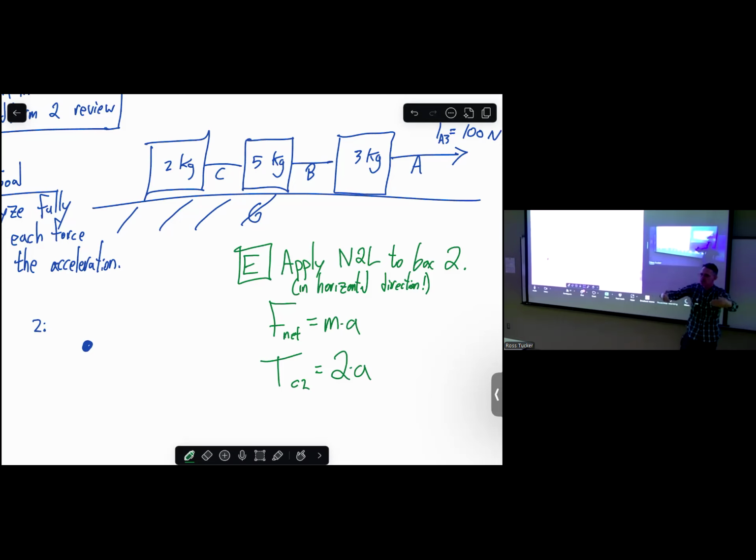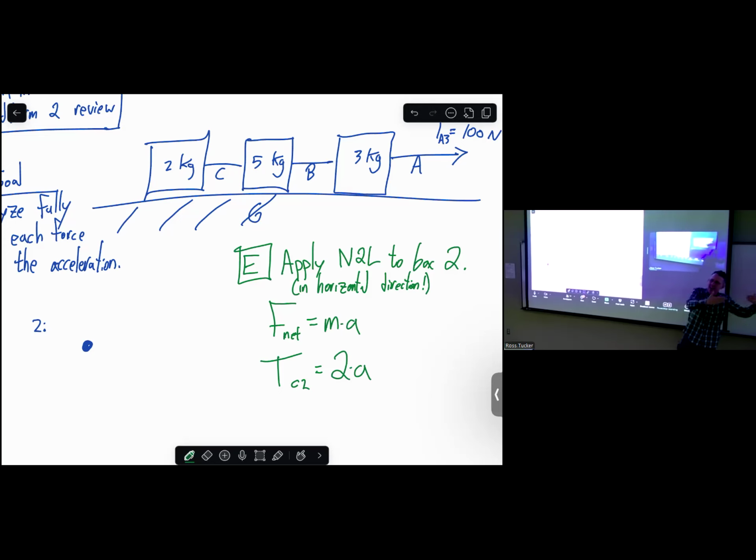So if you're plugging in what you know about the problem, just like FNet equals m times a, in this case, I know m. I'm talking about the 2 kilo box, m is 2. So whenever you have a problem where you know the forces acting, don't just write FNet, write what the forces are. Okay.